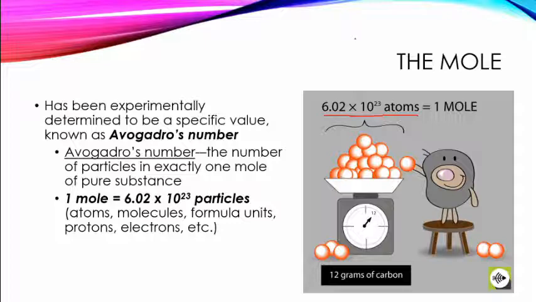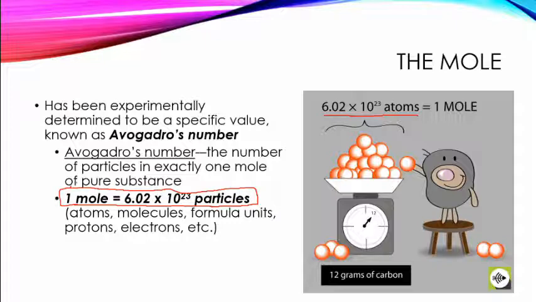effectively. And so the relationship, and the importance of this, is that 1 mole is equal to 6.02 times 10 to the 23rd particles. Now, particles is a general term.